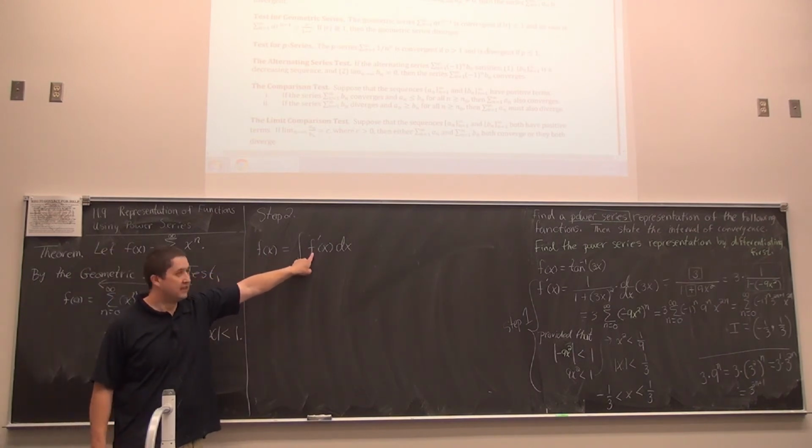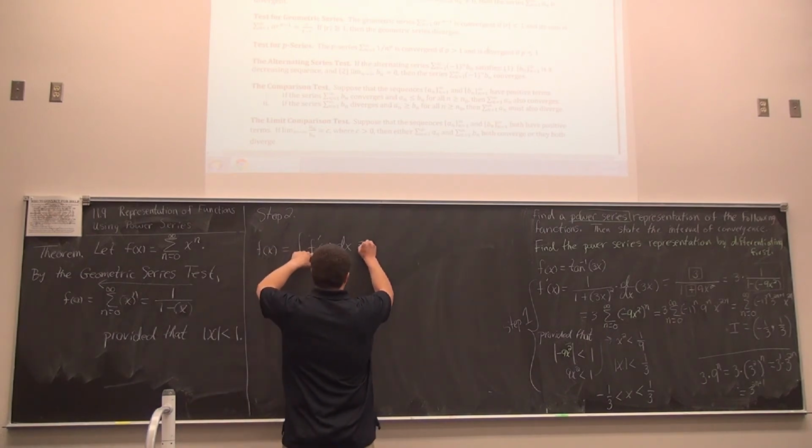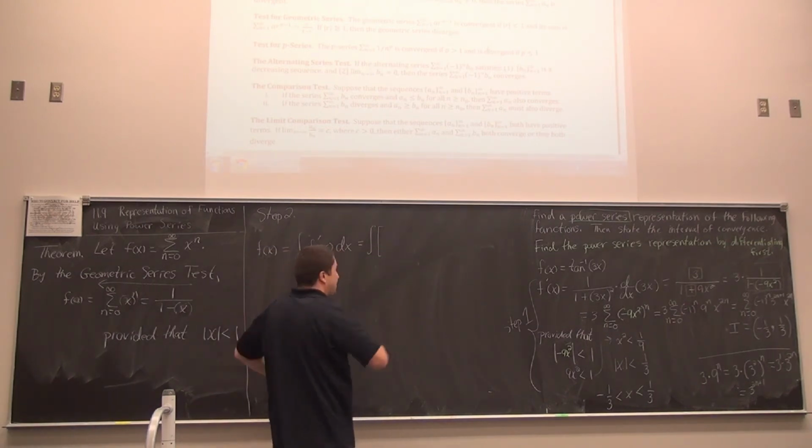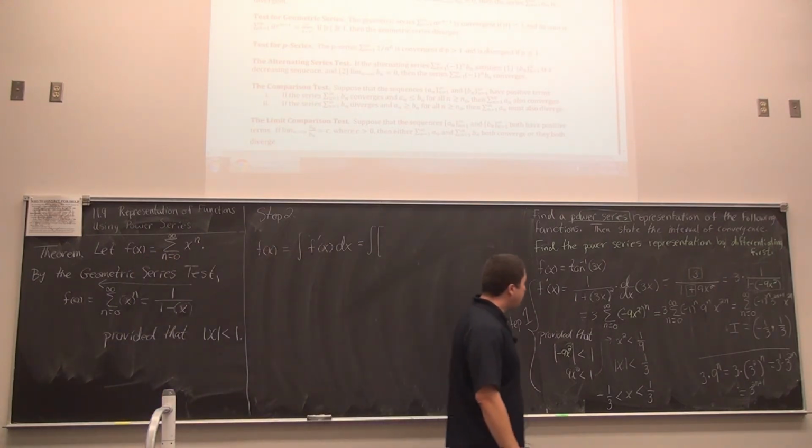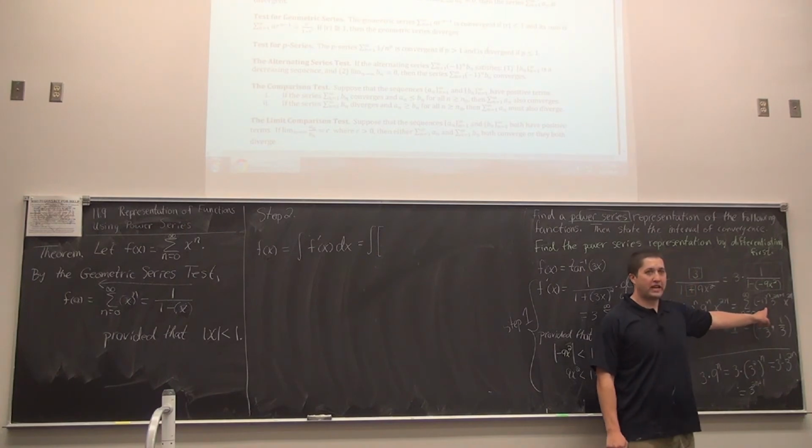But what we have is a formula for f prime of x as a power series. So this is now equal to the antiderivative of a bunch of stuff. I'll put it in brackets to say everything there is being affected by the antiderivative. And that stuff is all of this right here.